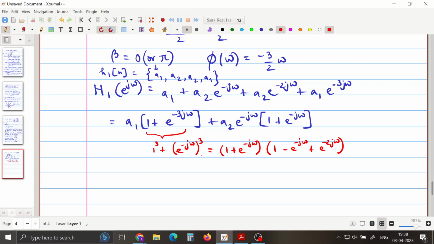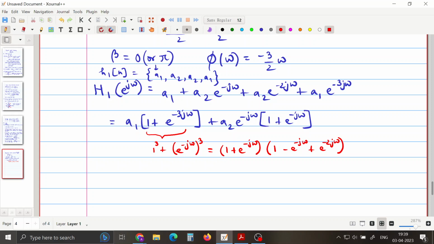Because that way if we expand it, we can factorize it, and we will have one factor as 1 plus e power minus j omega, and since we already have a factor of 1 plus e power minus j omega on the second term here, we can take that common.